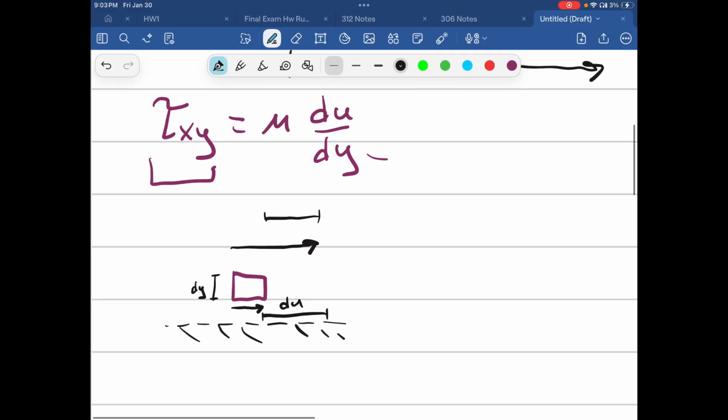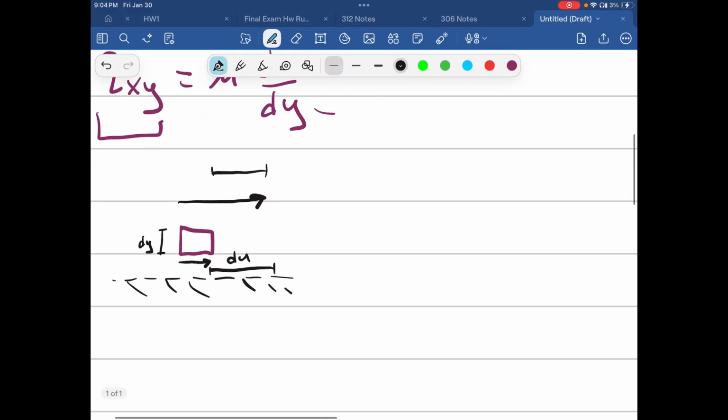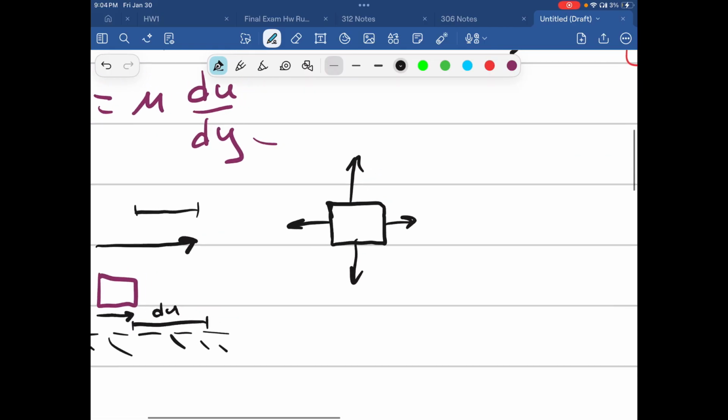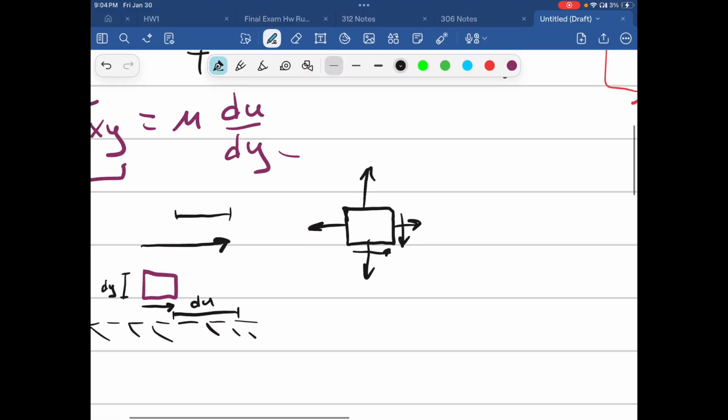And so if you go back to your materials, statics and mechanics classes, where we have a little fluid element here, we have our normal stresses and we have our shear stresses.